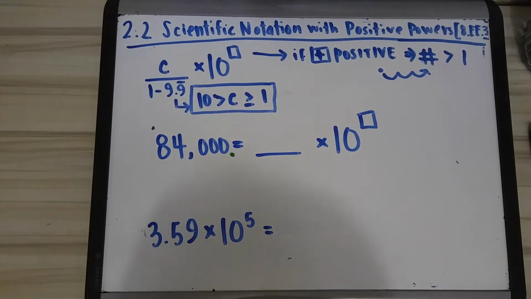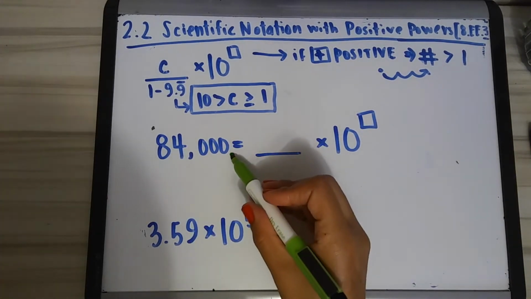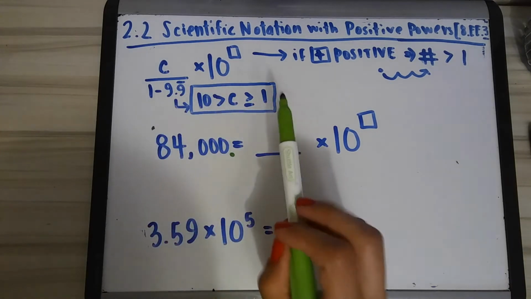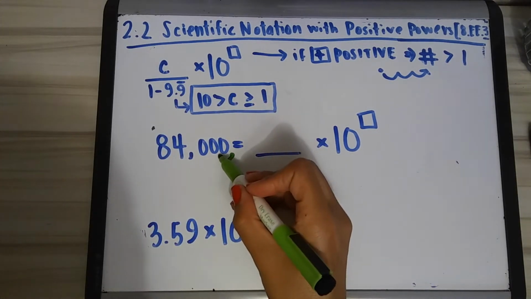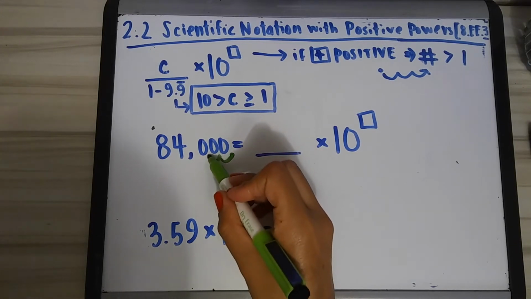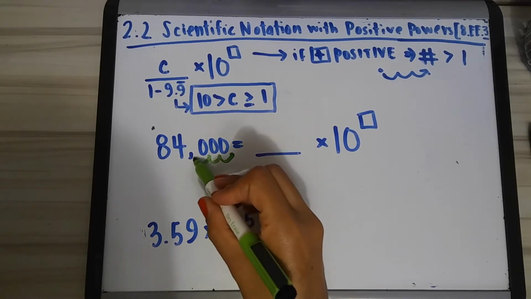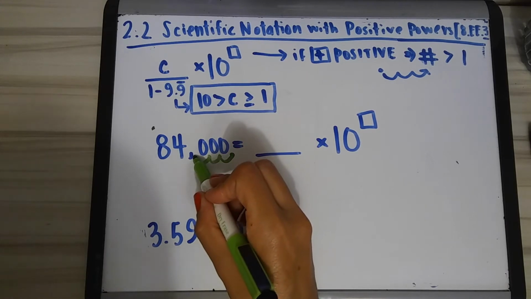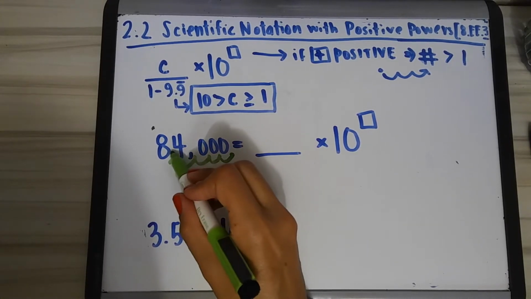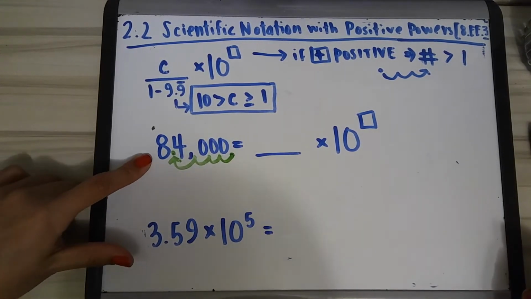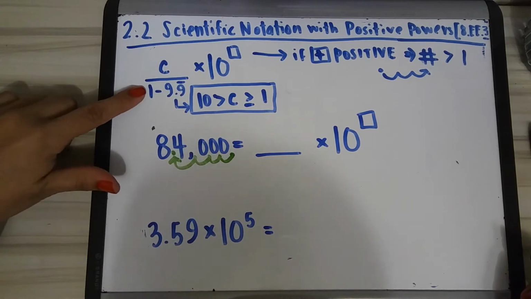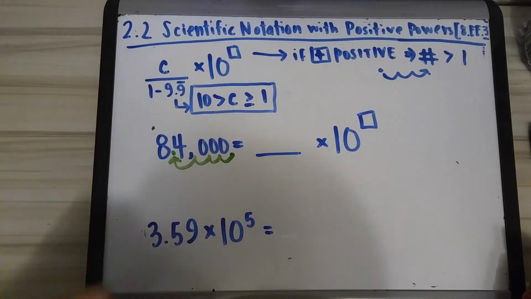So I'm going to look at my decimal and go to the left until I get to a number between 1 and 9.9. If I go right here, no, that's 8,400, so that's too big. What about right here? That's 840, that's too big. Right here, that will be 84. It's still too big because it cannot be more than 9.9. What about right here? Perfect, right? If I stop right there, I end up with 8.4. That number meets the criteria of being between 1 and 9.9.